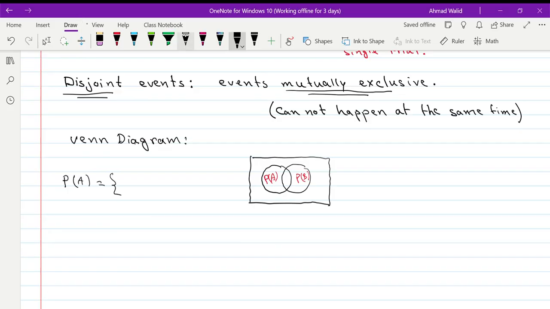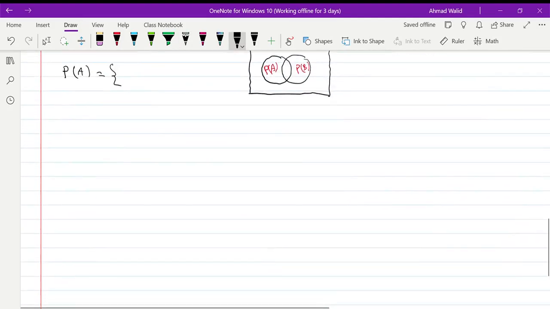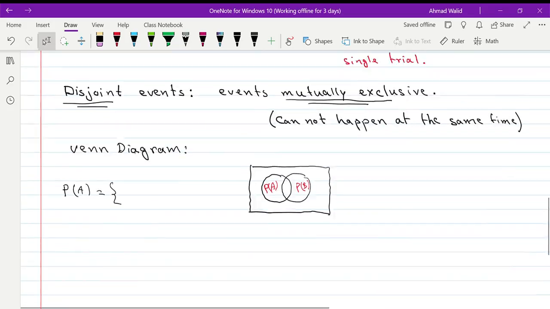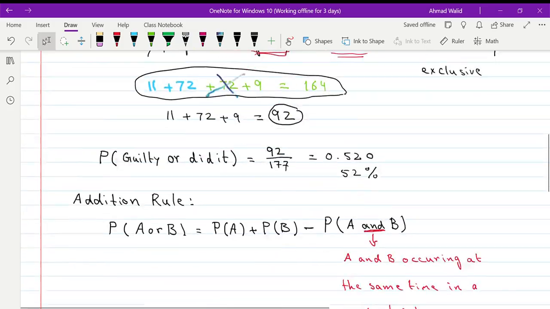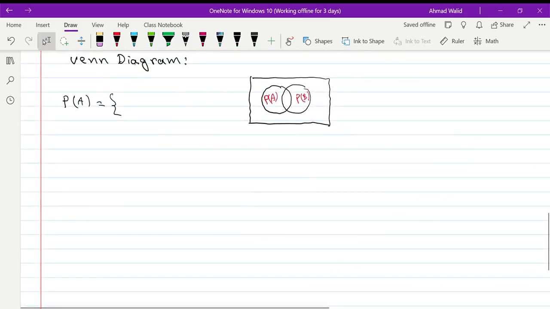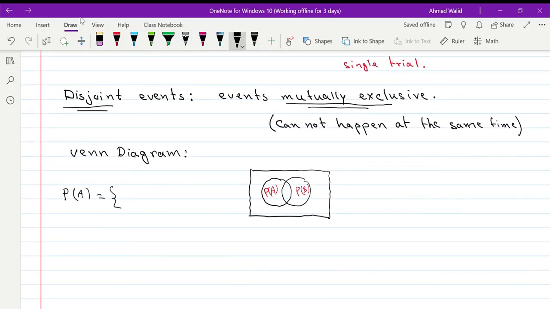In the court example, P of A was guilty, which was 11 and 72. Your P of A is 11 and 72.